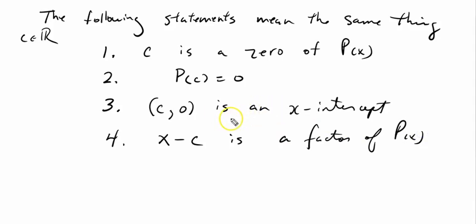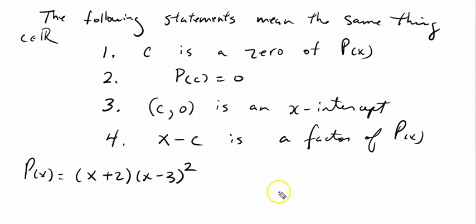Okay. So if I've got something like that, then you can see what the zeros are. Well, if I set this equal to 0, we can see negative 2 is a zero and positive 3 is a zero.